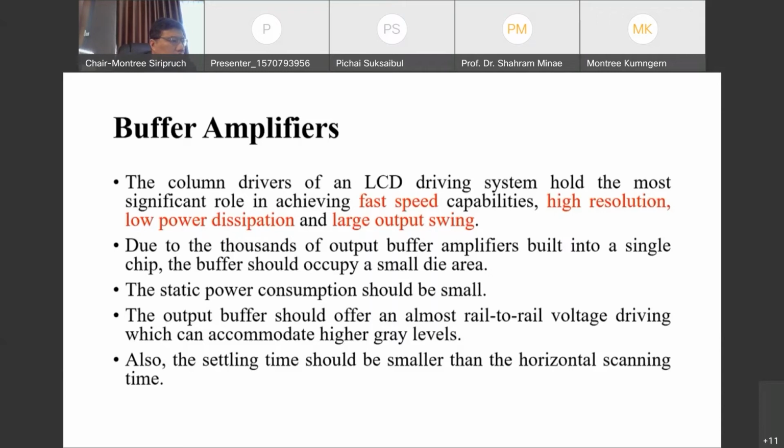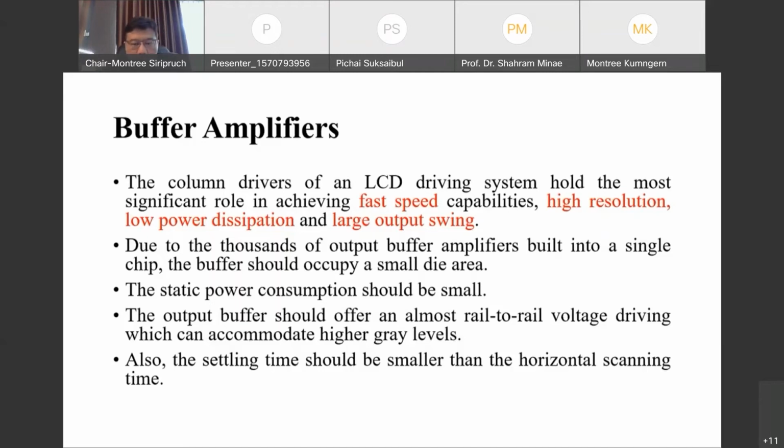The output buffer should offer a rail-to-rail voltage operation. We call circuits that operate this way rail-to-rail. That means if you apply an input signal which is equal to the supply voltage, and you obtain an output signal which can go as high as the supply voltage, then we call this rail-to-rail.